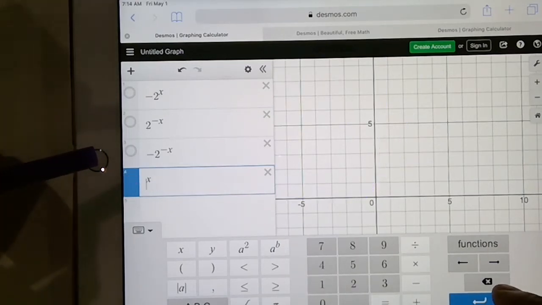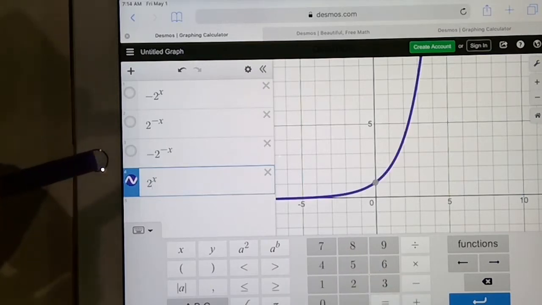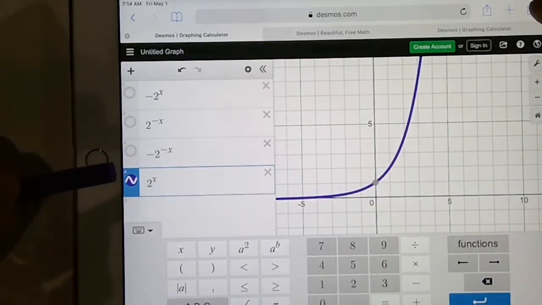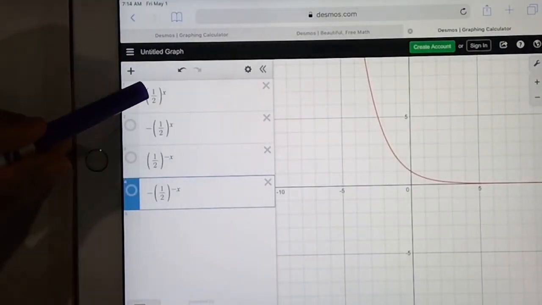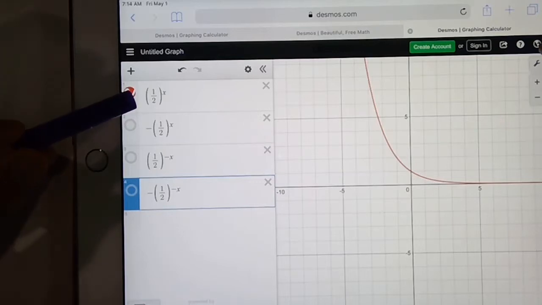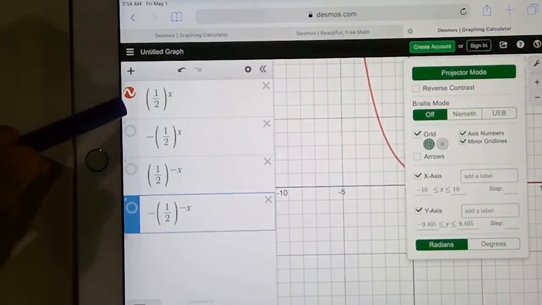Okay, so this is exponential growth. Now, to get exponential decay, what kind of a number would you need there? A number less than 1. So a number less than 1 is going to give you exponential decay.